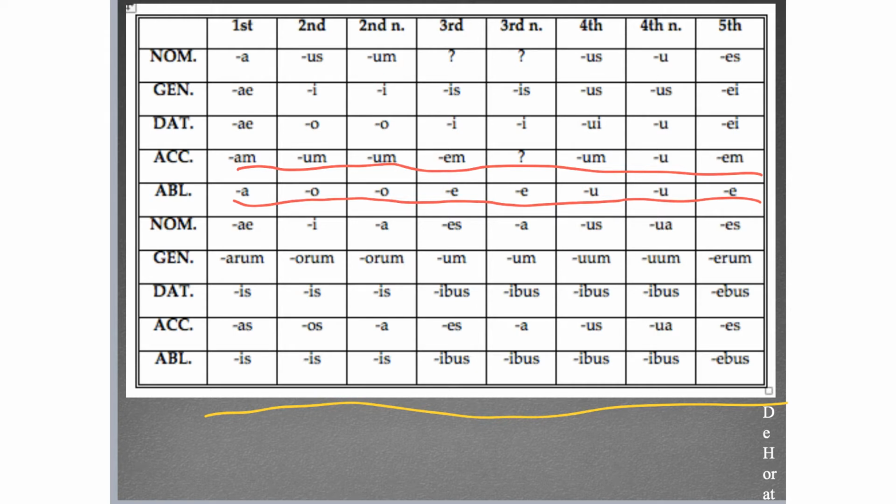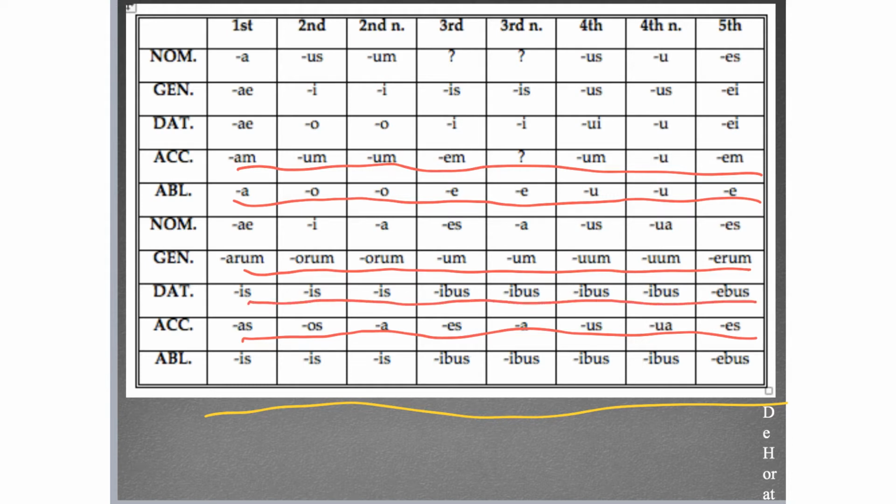All accusative plurals end in S, plus the vowel of the declension. All genitive plurals have an M with that vowel of the declension, and some sort of U or RU. That kind of changes. All dative and ablative plural have some sort of vowel S combination, with third and fourth having that B, U in the middle as well.